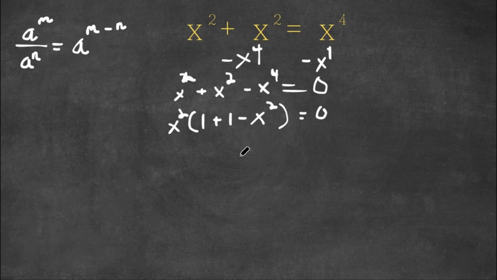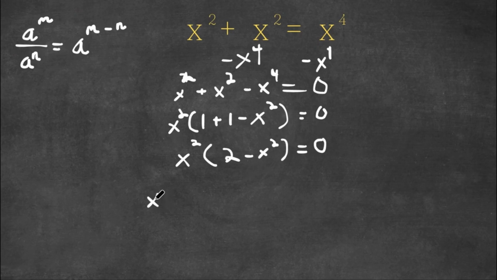Now 1 plus 1 is 2, so now we have x squared times 2 minus x squared equal to 0. And now this gives us two equations. Our first equation is x squared is equal to 0.